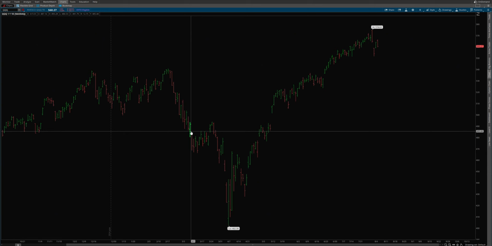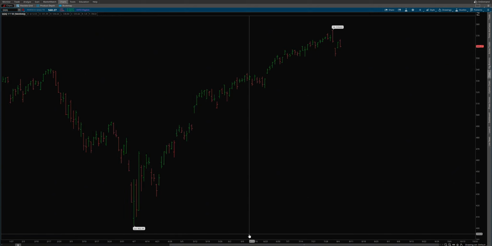But bar charts are what I would consider to be the second most common way to measure price. The reason that they are popular is because they are very discreet, a lot less noise going on.